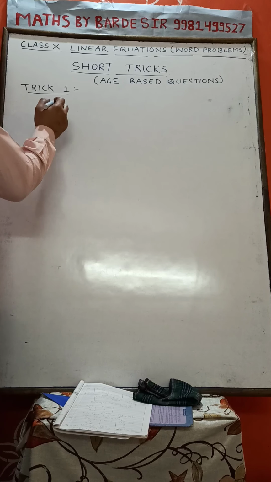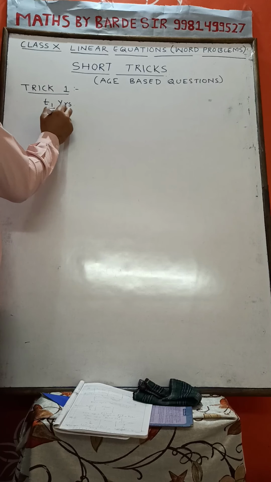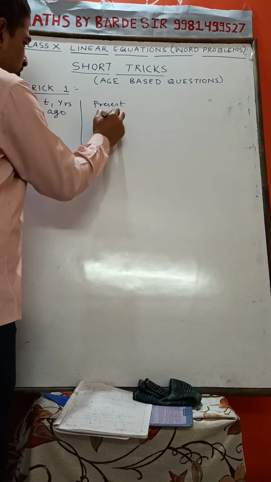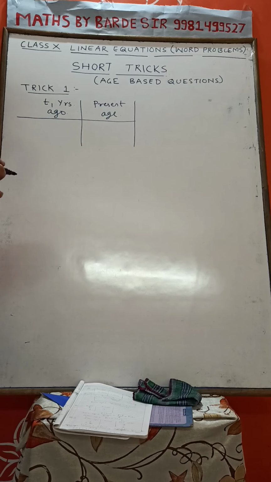So, if you are given T1 years ago and present age, the relation between T1 years ago and present age is given: father's age, that of son's age.